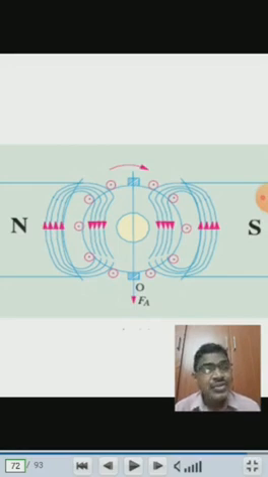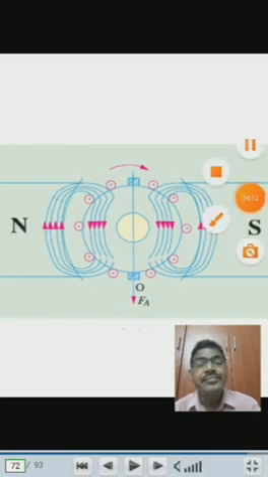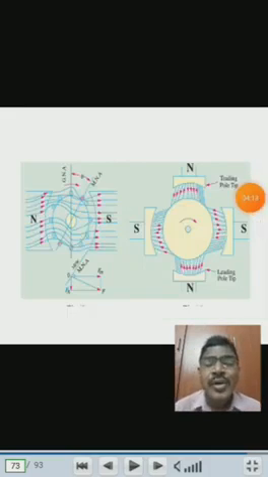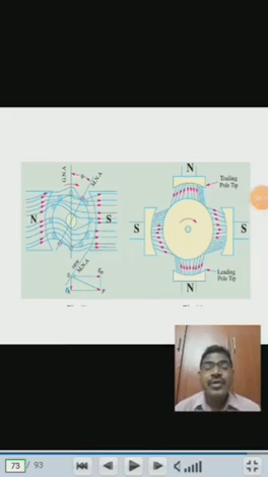But in actual case, field and armature will not be separated. So both these fluxes are there in the DC generator. Both are acting simultaneously. That we will see in the next diagram. Okay, you observe these two diagrams. Here the first diagram shows the field magnet flux and the armature flux, both acting simultaneously.